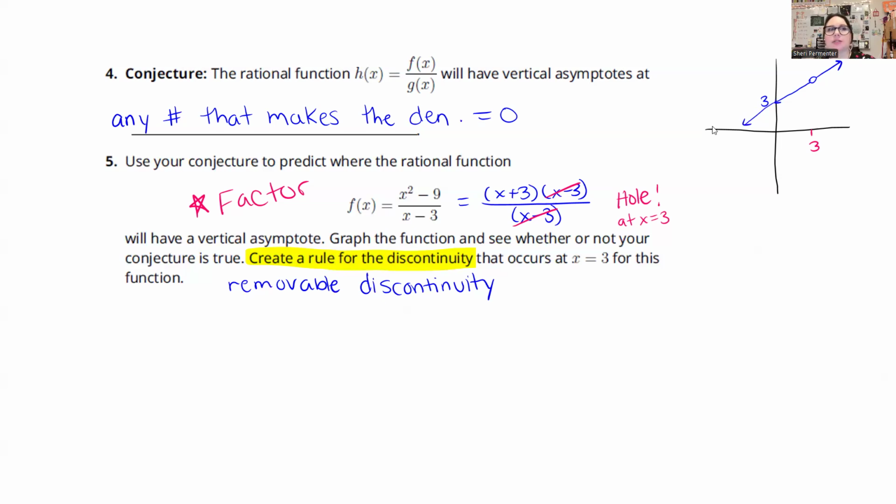It's no different than if you just started out and you were like, oh, there should be a vertical asymptote at +3 because x does not equal +3. That's still kind of true. x does not equal +3, but it's not an asymptote anymore. It's now a hole. So it's a little bit different. You have to make sure that you factor so you can identify these things. Any questions? Okay, moving on.